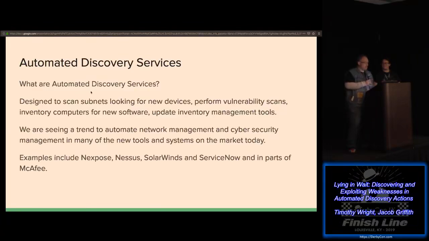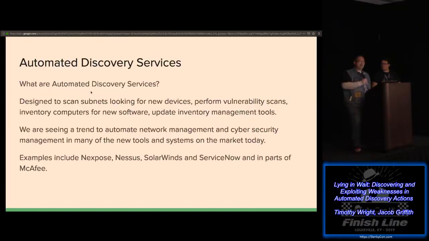So a little bit about automated discovery services. We were doing a lot of research, trying to define what this was. It's a service that sweeps an infrastructure. You have tools out there like vulnerability scanners and network management tools. They're going to sweep an entire infrastructure and build some type of inventory of software and whatever hardware is deployed.